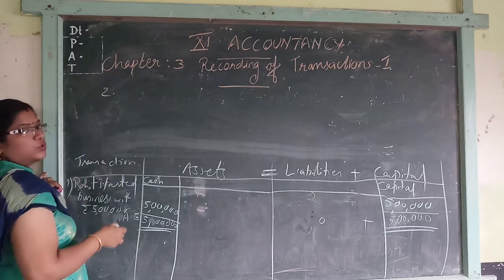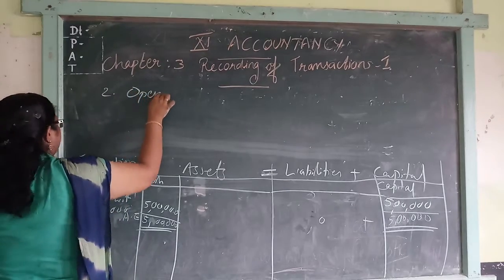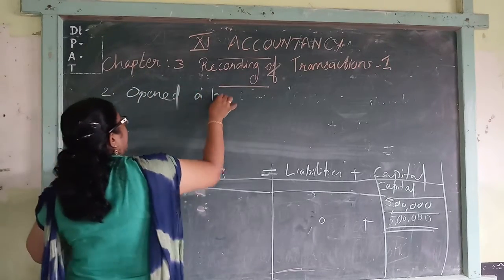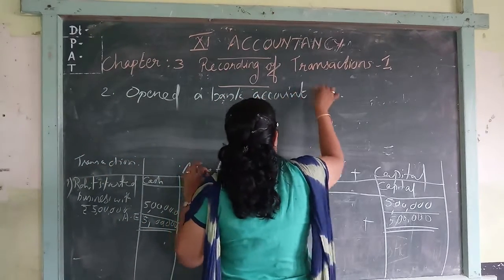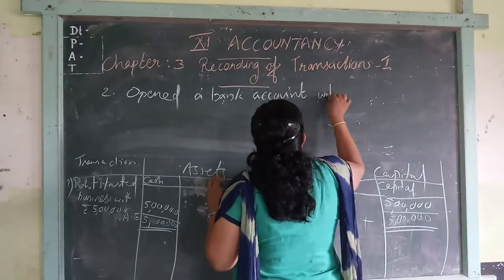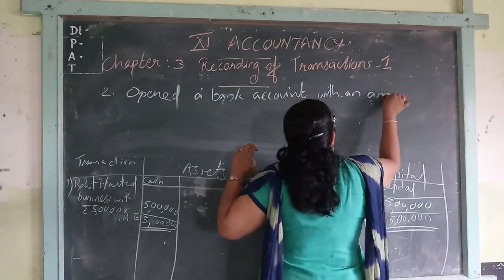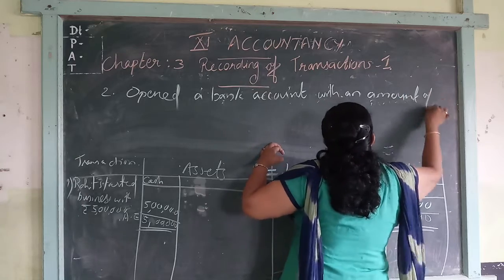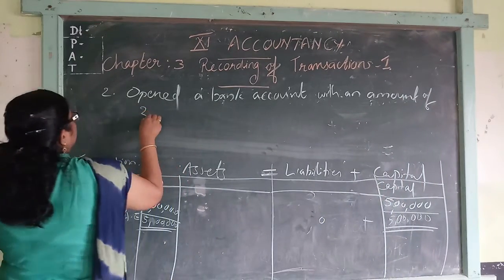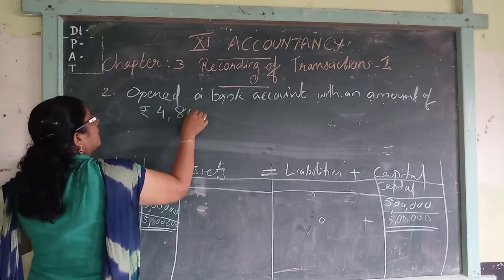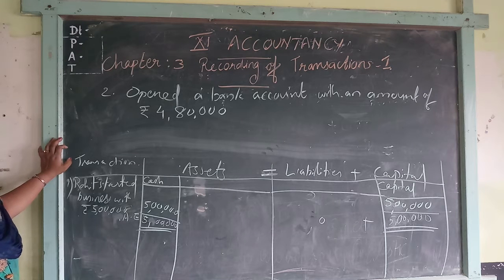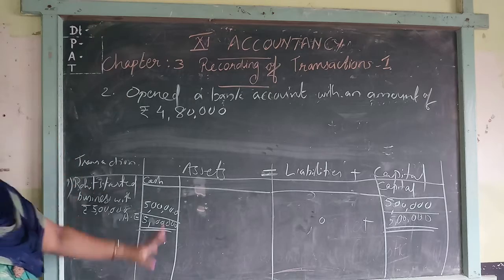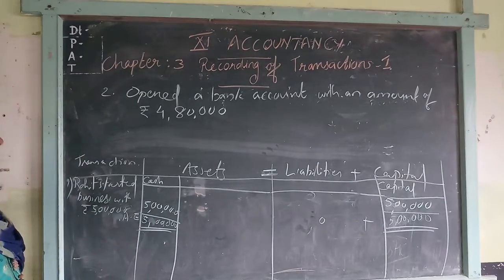So, transaction number 2: open a bank account with an amount of rupees 4,80,000. The name of the bank is given as State Bank of India, but it could be any bank.